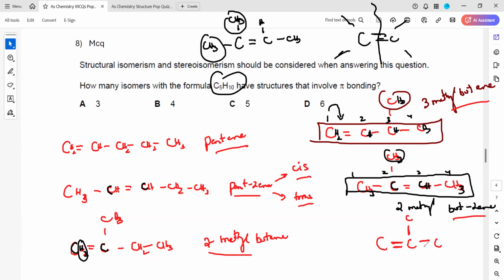So I cannot make a branch with 3 carbon atoms because it's the same thing. If I select the longest carbon chain, this is the same structure as 2-methyl but-2-ene, which we did here. The 3 carbons cannot have a branch, as we have to draw 5 carbon atoms. That's why it is not possible.